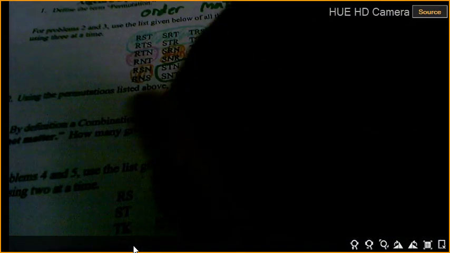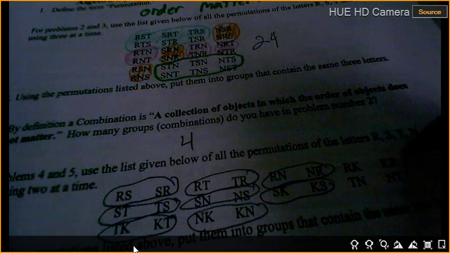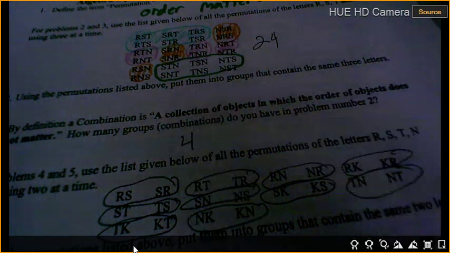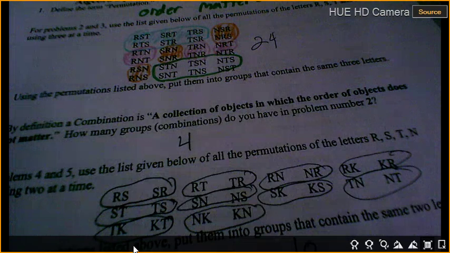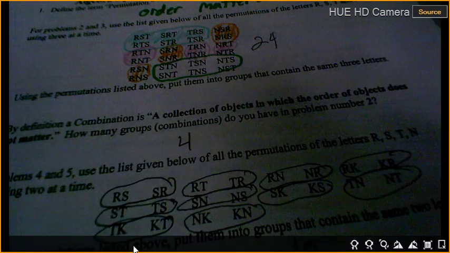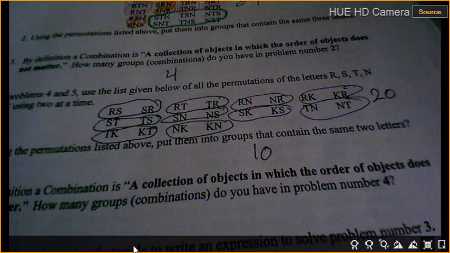So here's a group. 1, 2, 3, 4, 5, 6, 7, 8, 9, and 10. So there's 20 permutations. There are 10 combinations.